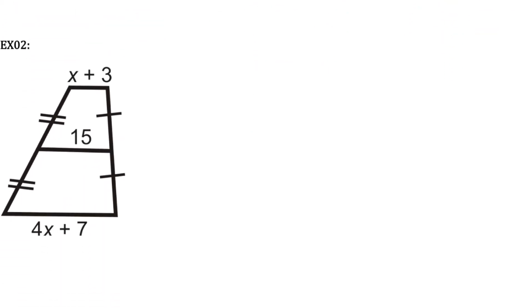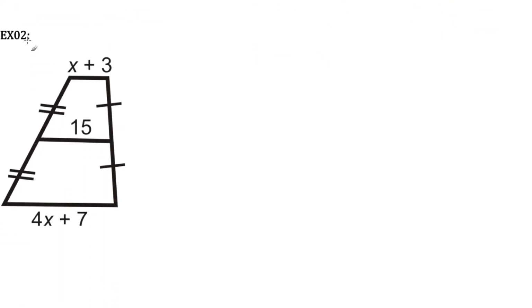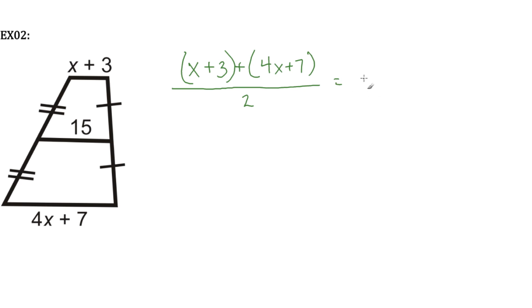Let's do a slightly more difficult one. Example 2, we have a trapezoid mid-segment. You can tell because it's in half. So (x plus 3) plus (4x plus 7), divided by 2, will give me 15.